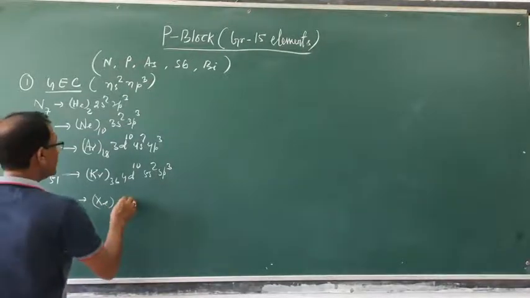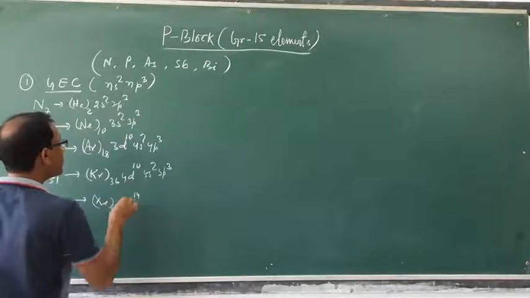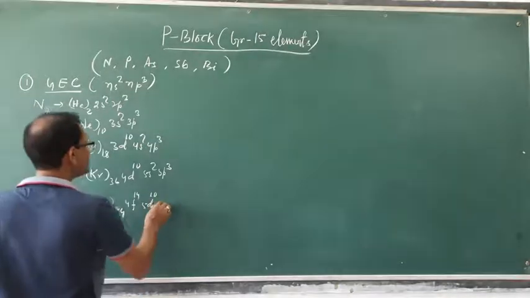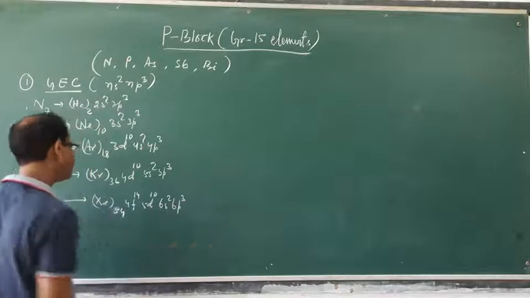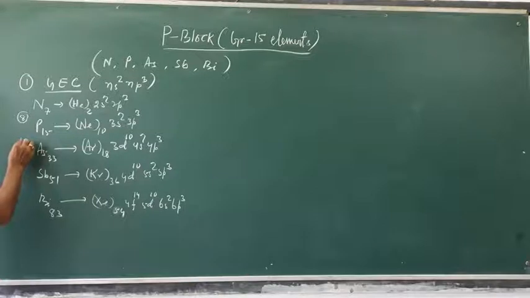Then 4f14, 5d10, 6s2, 6p3. So if you see the electronic configuration, here 8 is added, here 18 added, then 18, then 32.